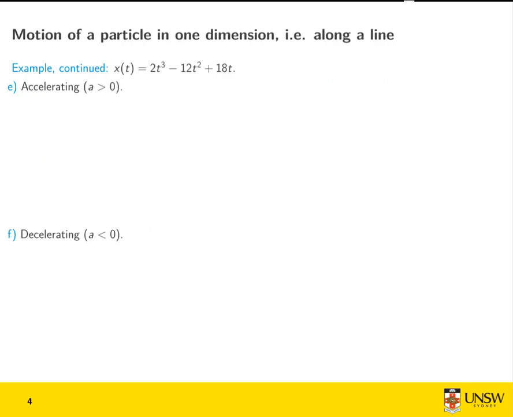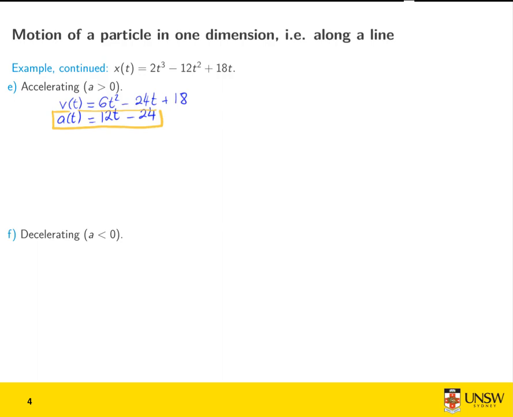We now want to know when the particle is accelerating, and we are reminded that this means that the acceleration is positive. We know that the acceleration is the derivative of velocity. So we take the expression for velocity we already calculated and differentiate it. We get that the acceleration is equal to 12t minus 24. Now, when is this positive?